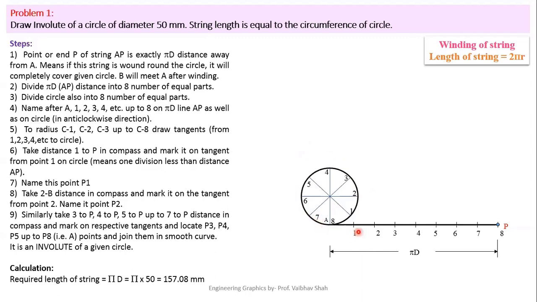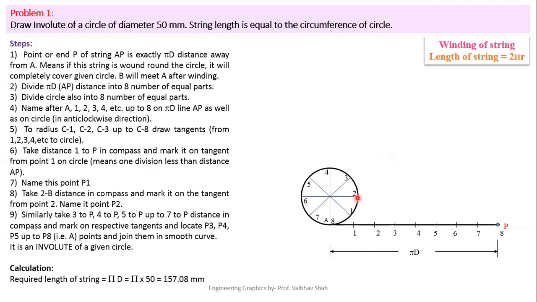Now at any particular position, as you can see, this is your 0 position. Your string is at 90 degrees to this position, or you can say the string is tangent at point 0. Whenever your string is at point number 1, it will be tangent to point number 1, or in other words, at 90 degrees to this point 1 line.